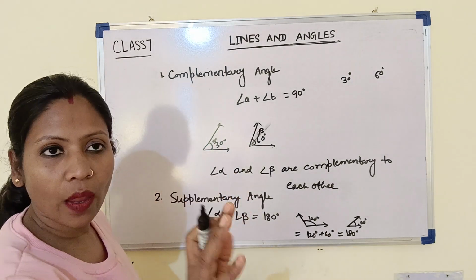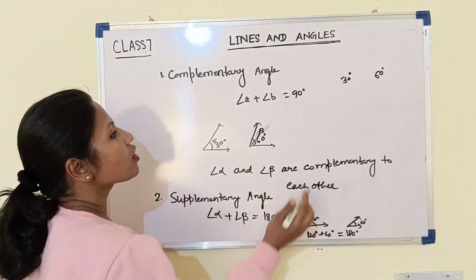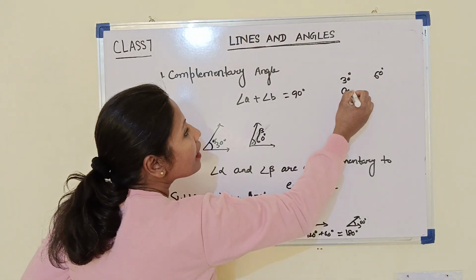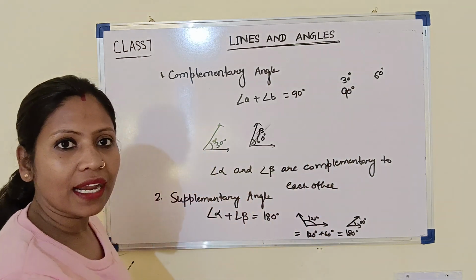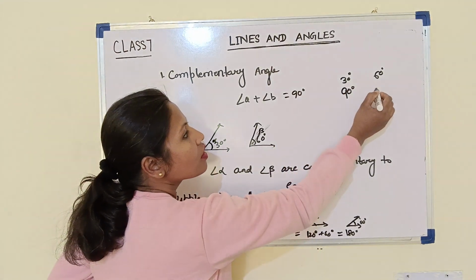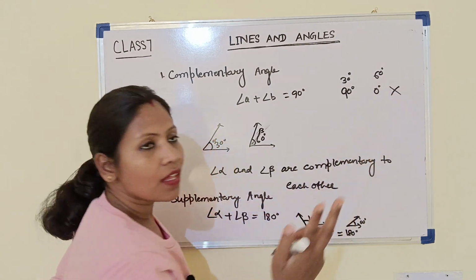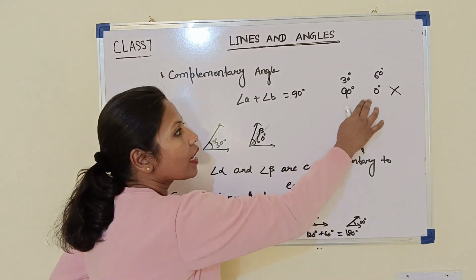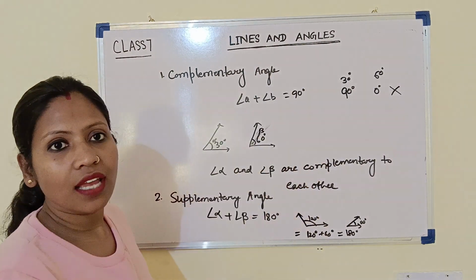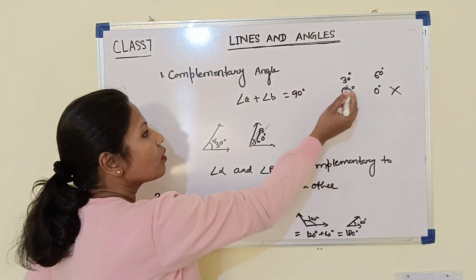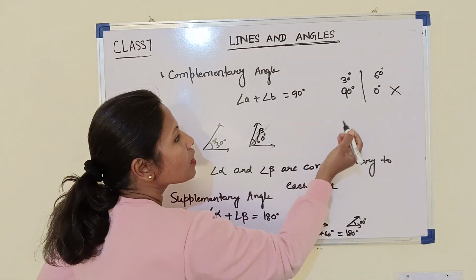So these two are acute angles. Now let's take an example of 90 degree, right angle. So if I take one right angle, other would be what? 0 degree. So this is not possible. Why? Because this will not form the angle at all. It's a 0 degree angle. So this combination is not possible.